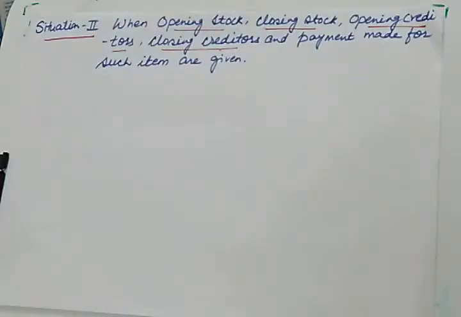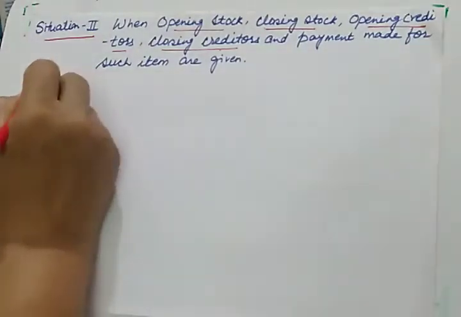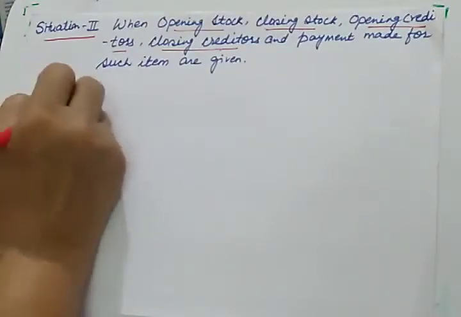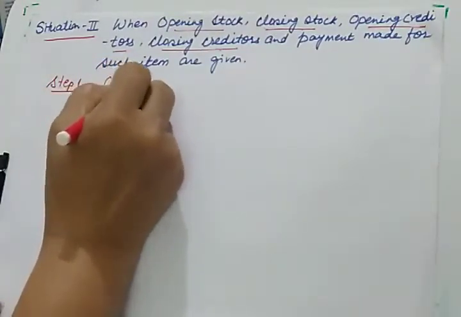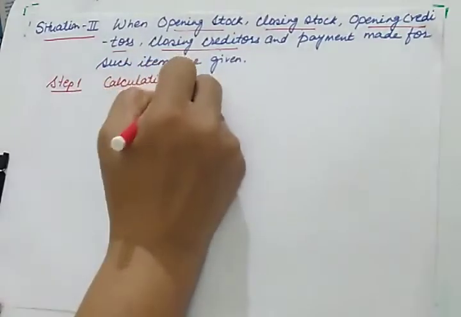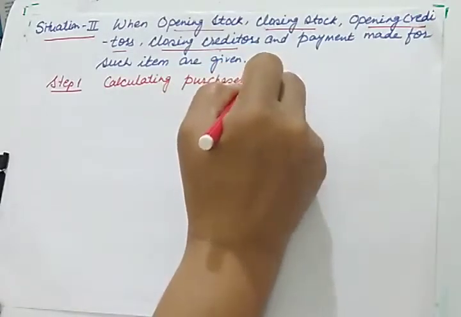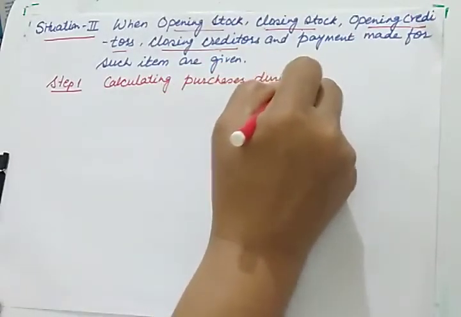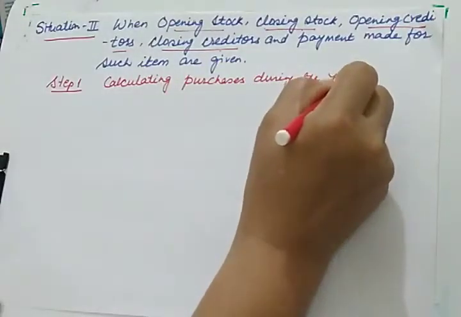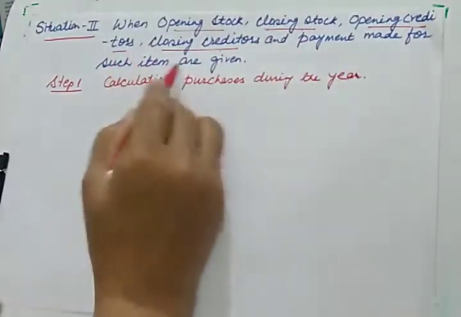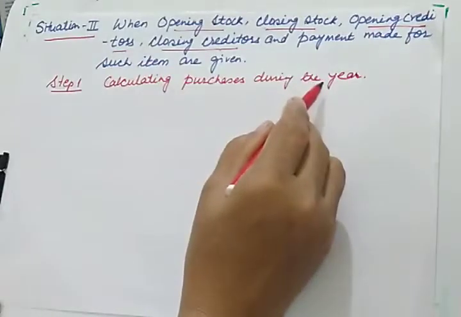So let us see. We'll be using both the methods in this case, alternative methods. First of all, we have to calculate purchases made during the year. So in step 1, we'll be calculating purchases during the year, because there is a difference between payment made for such items and purchases during the current year.